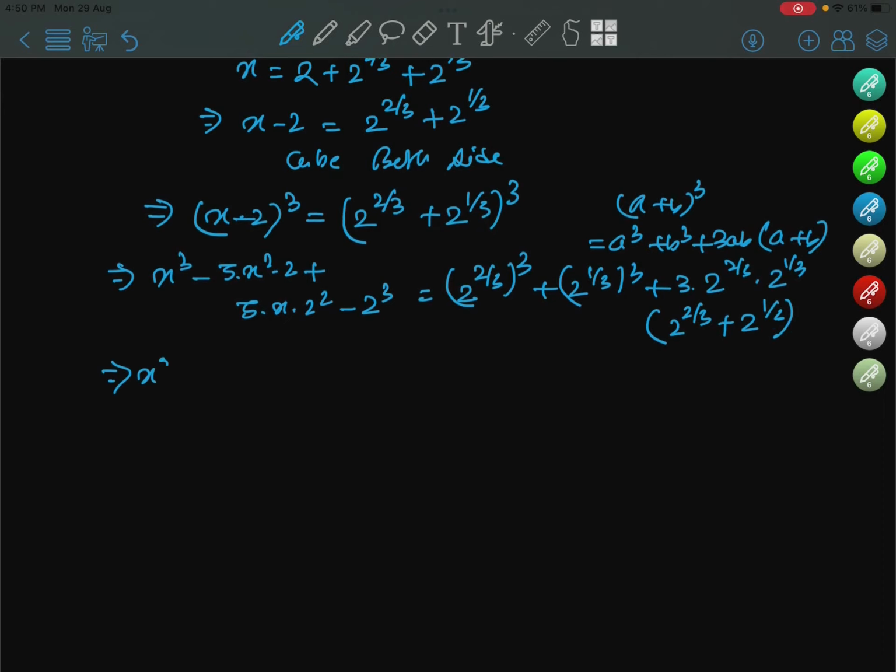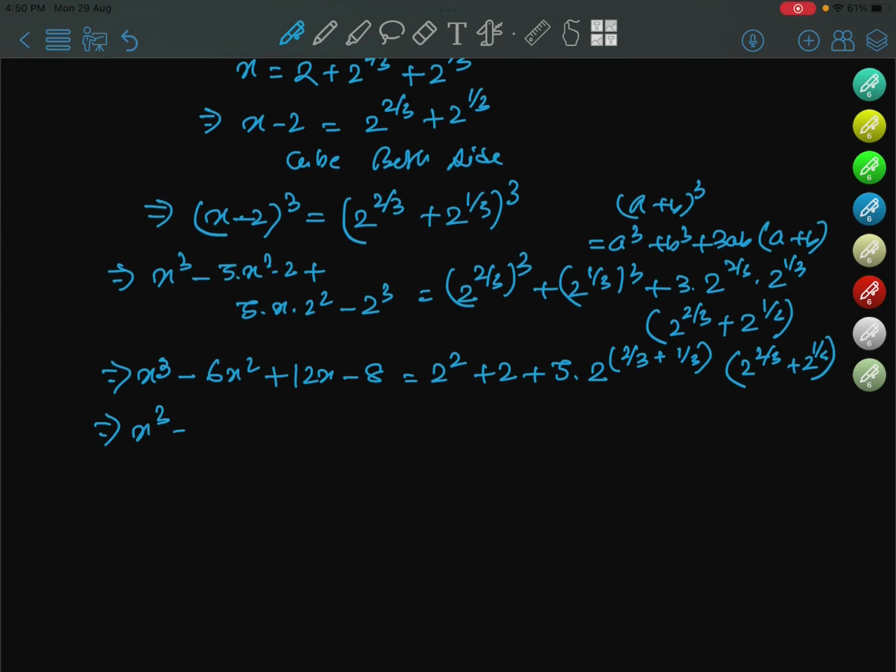Now x cube minus 6x square plus 12x minus 8 equals 2 square plus 2 plus 3 into 2 to the power 2/3 plus 1/3 into 2 to the power 2/3 plus 2 to the power 1/3.